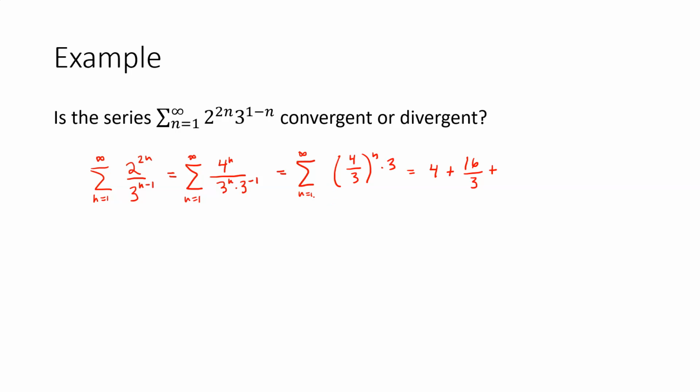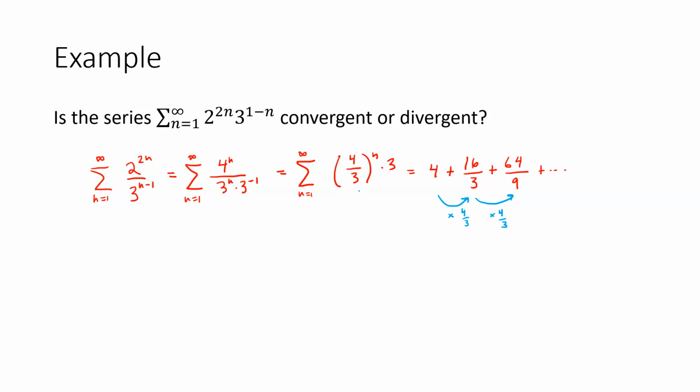When n equals 3, I get 4/3 to the power of 3, which is 64/27, times 3, which is 64/9, and so on. So you can see that each subsequent term is generated by multiplying the previous term by 4/3, and that's exactly what we have here.